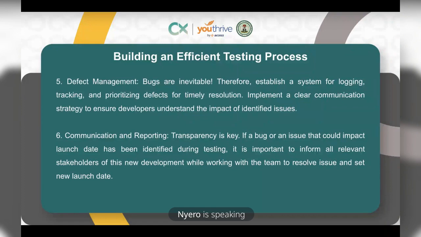Now, if in the process of collaborating with your developers to fix an issue, your developer has told you that this particular issue on our test sheet is going to take too long and it will affect our launch date, right? Remember, everybody knows your launch date, but it is you who will keep the launch date front of mind because it's your priority.